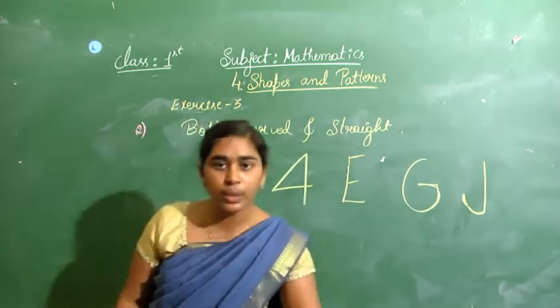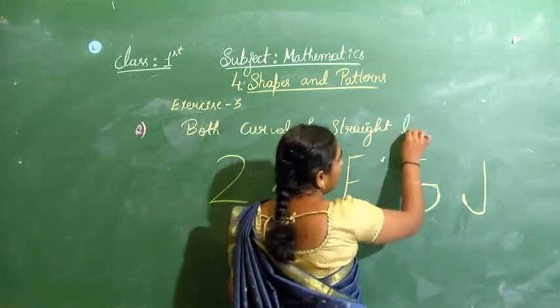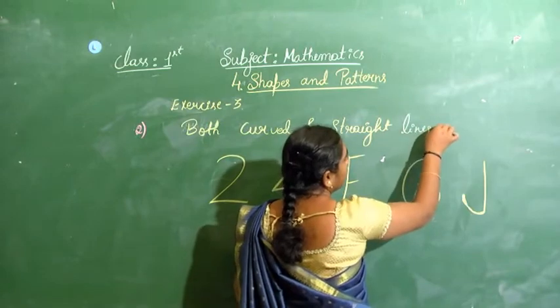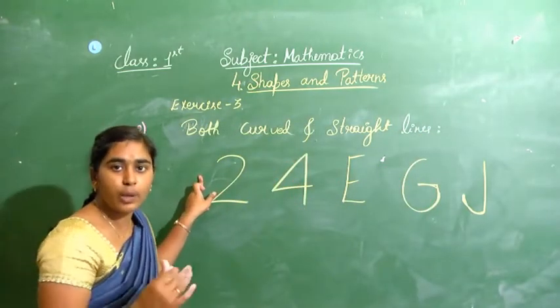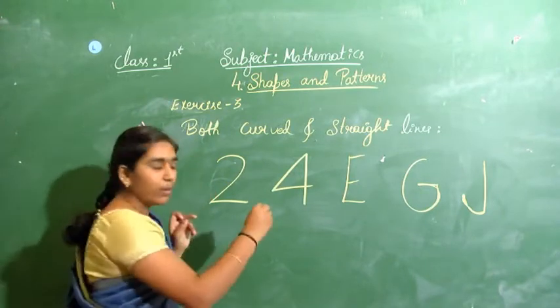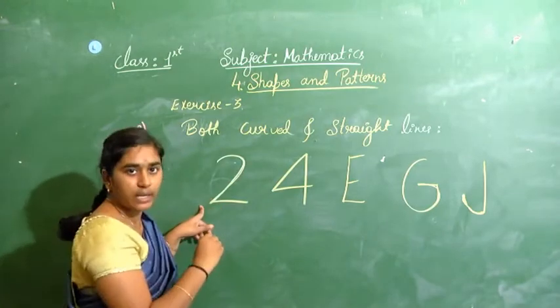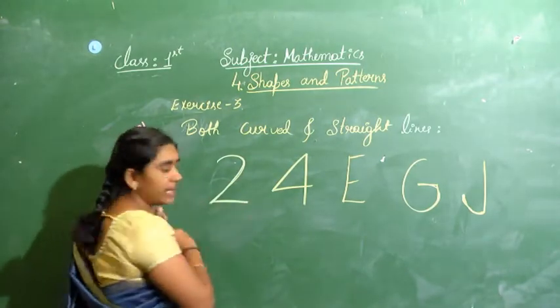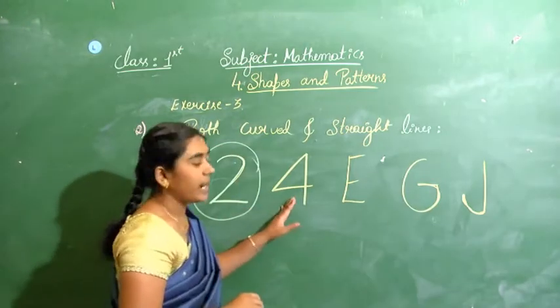Now see number 2. We want both curved and straight line. Is number 2 having curved and straight both? Is it having both? Yes. From here to here it is a curved and from here it is a straight. So this is one we want. And number 4.